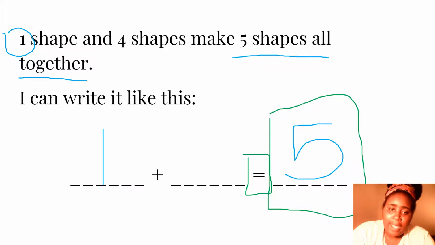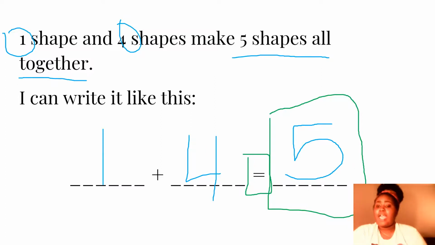And I remember I had 4 triangles, so that would go right here. And I'm going to check again just to make sure that this is right. So I'm going to see if 1 and 4 make 5. So let me count. 1, 2, 3, 4, 5. So my turn, your turn, cowboys. 1 plus 4 equals 5.